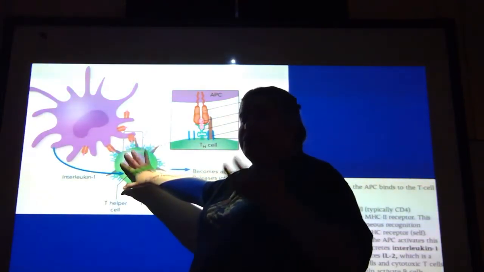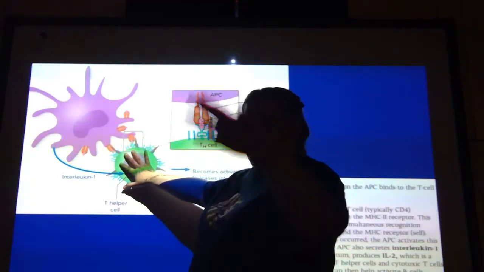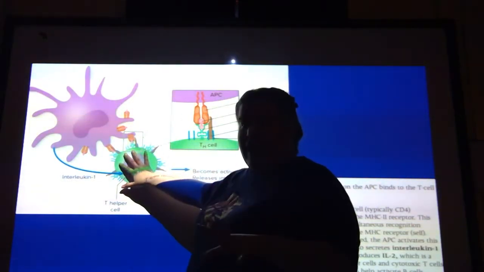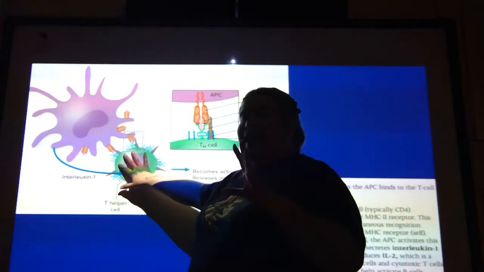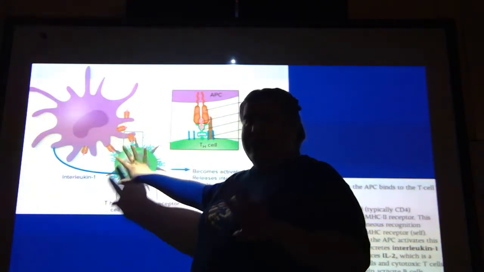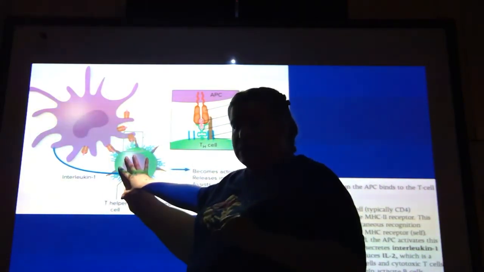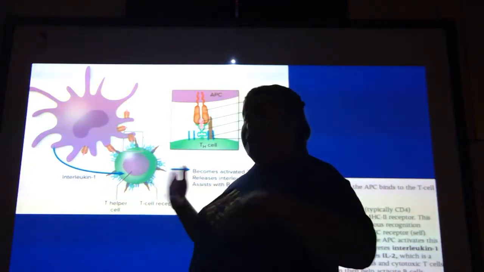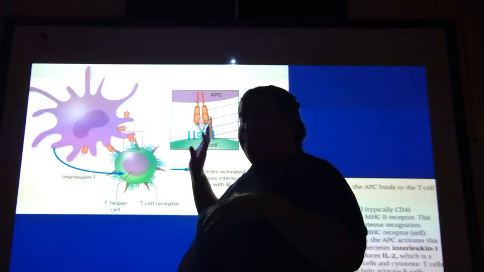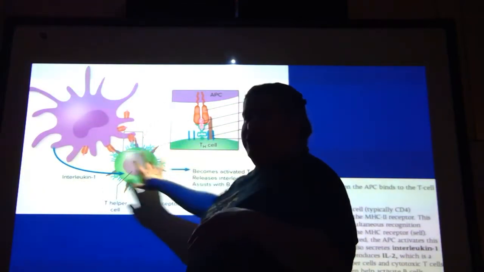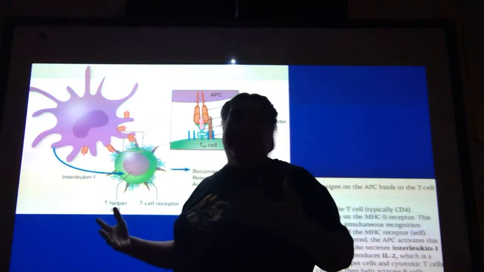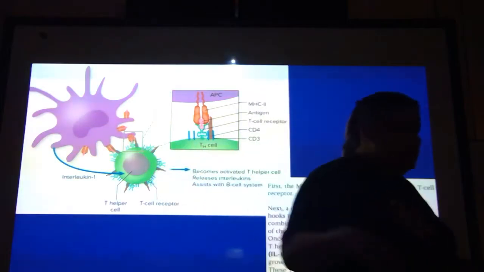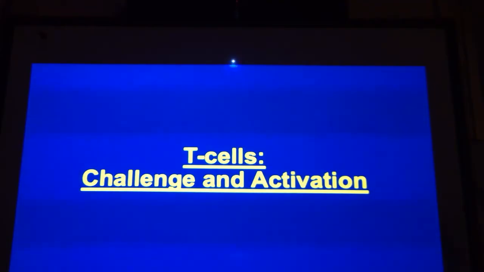Now, the reason I'm being so vague on the T cell and this chemical and all of that is that we have at least 4 different helper T cells, and how they're activated also varies. I'm going to talk about that, but I want you to understand this is a very generic representation of how this works. Let's talk challenge and activation.